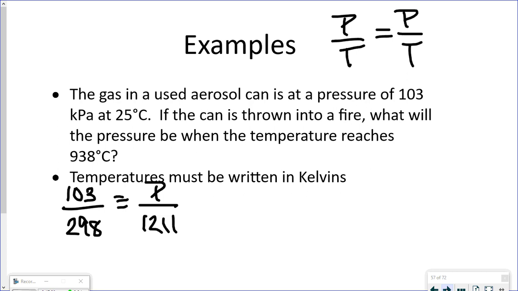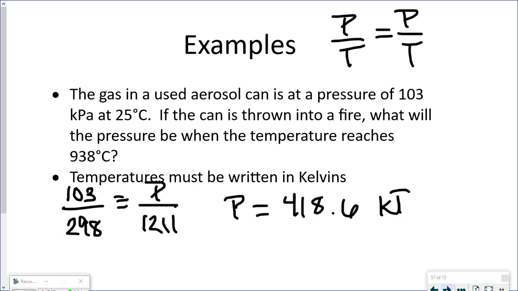So to solve for pressure, we're going to do 103 divided by 298 and then multiply by 1,211 to get it off the bottom. And that is going to be a pressure of 418.6. And our pressure unit is in kPa here.